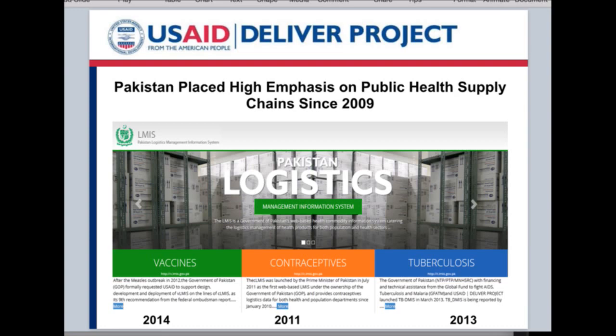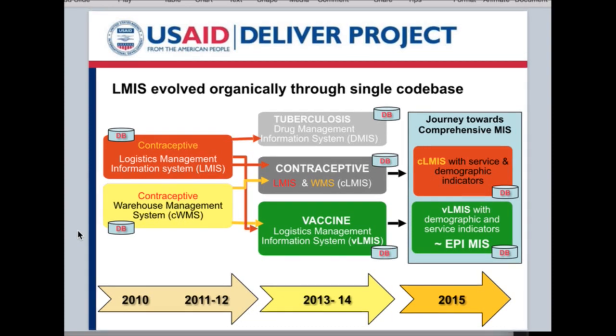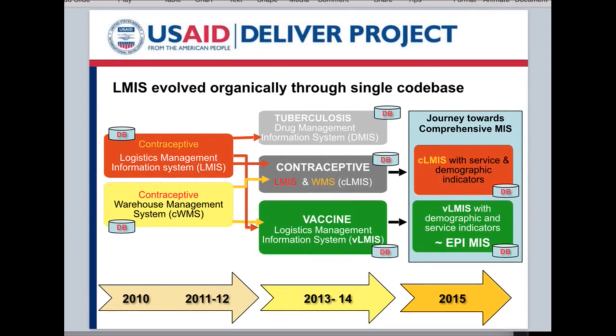This is a busy slide, but just to give you the gist: the LMIS was basically based on a Bangladesh model, and later it was enhanced with the country context for contraceptives, and then further enhanced towards tuberculosis and vaccines.